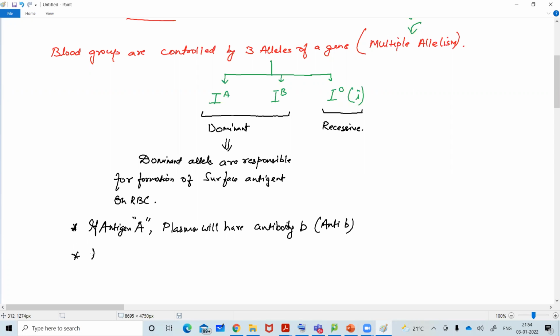Now, if antigen B is there on RBC, then plasma will have antibody A, or you can say anti-A.